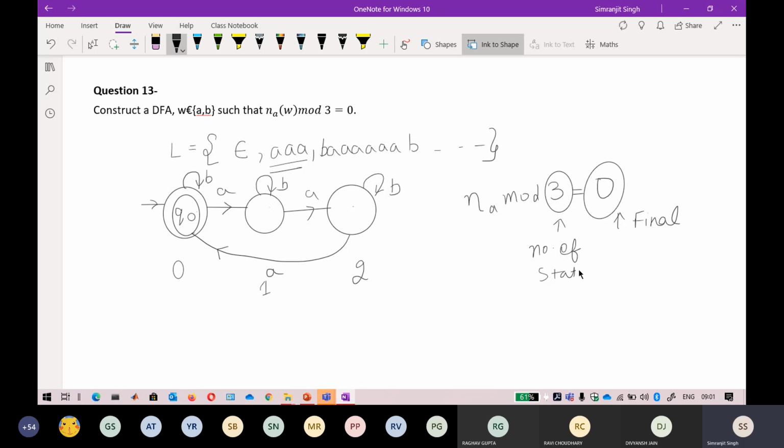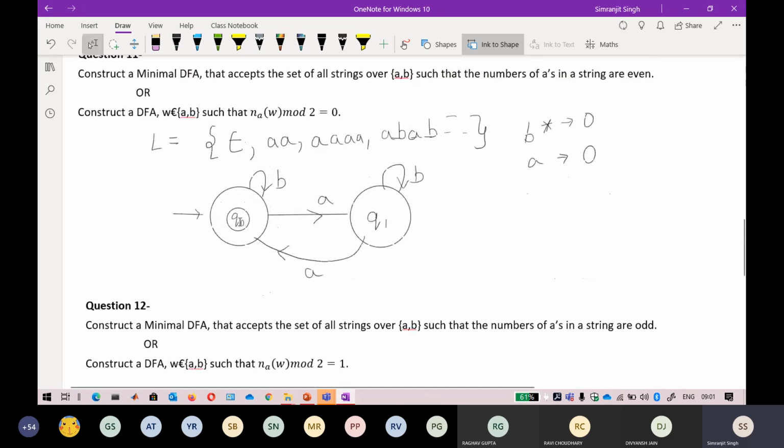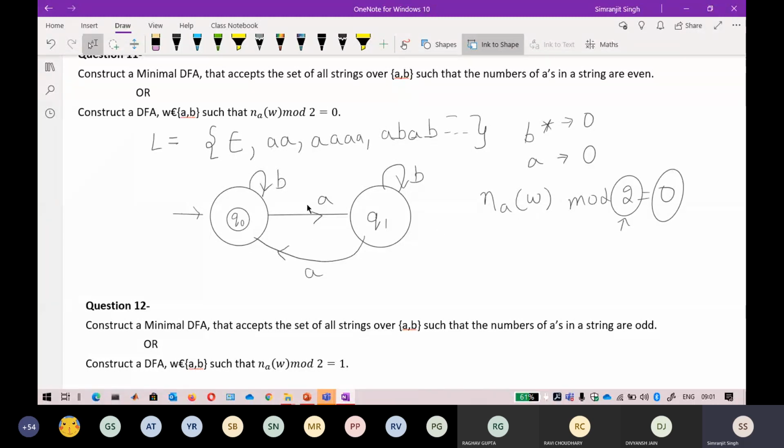If I want to generalize this formula, it can be generalized like this. In the same way, in the previous question, the number of A's in W mod 2 is equal to 0. You will find that the number of states is 2, and the final state is the 0th here.